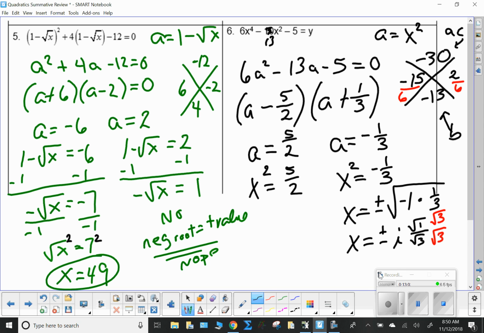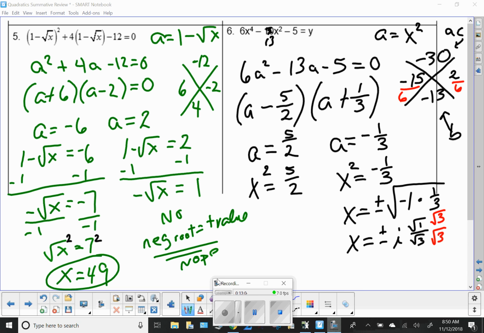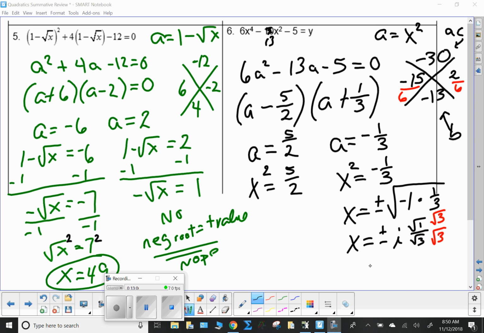And now, let me move my little recording guy over here. I have plus or minus i square root of 3 over 3. So there's one of my answers. On this side, x is equal to plus or minus the square root of 5/2.